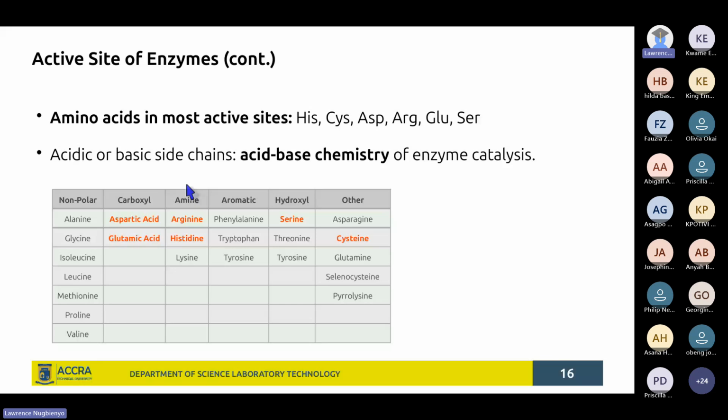Now you find that in the active sites of most enzymes, there are some amino acids that you come across often, and these are histidine, cysteine, aspartic acid, arginine, glutamic acid, and serine. These are the major amino acids that are found in active sites.